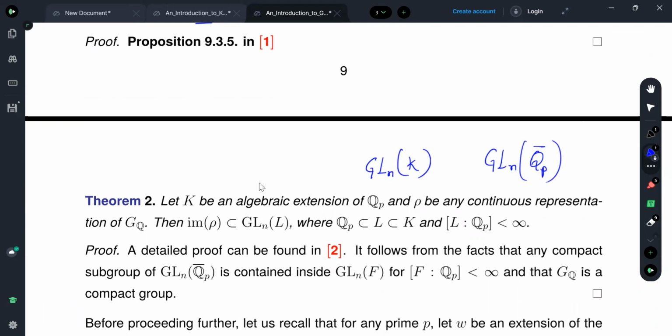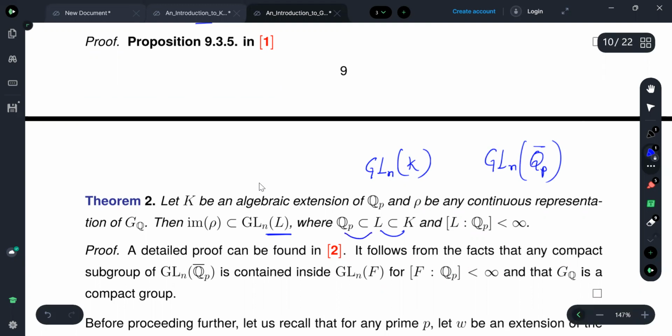Then the image of rho will have entries inside GLN of L, which will be a finite extension of Qp.